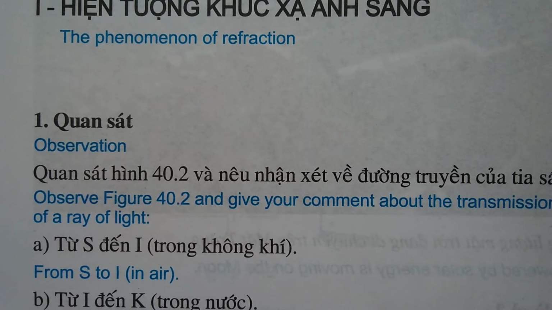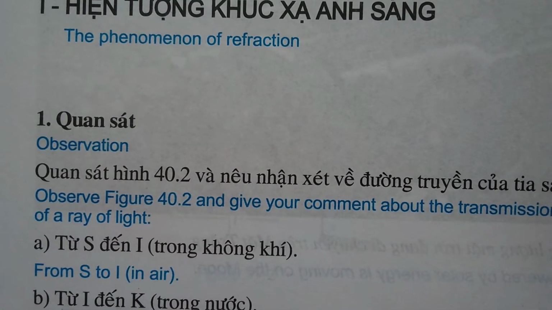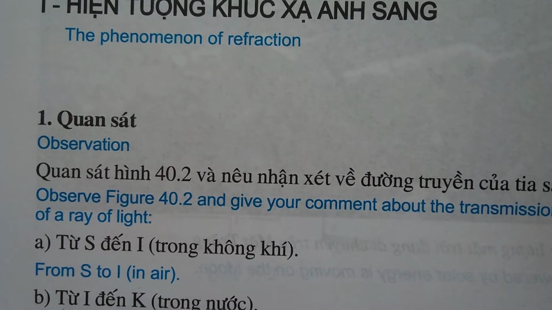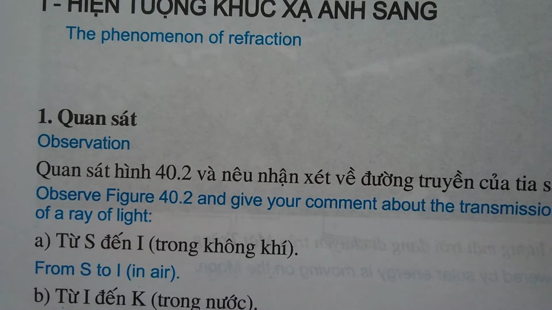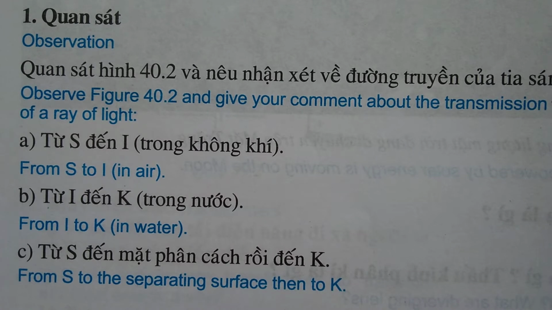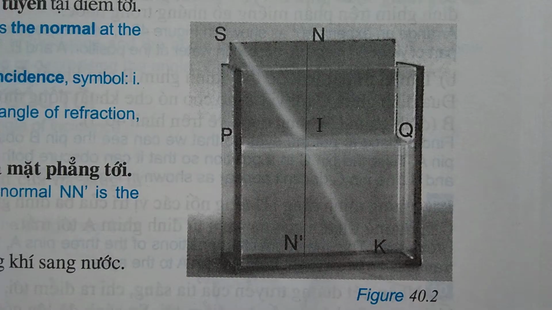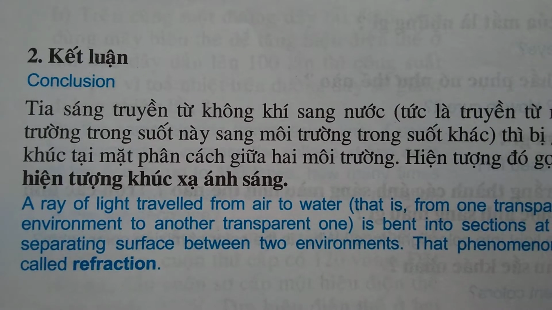Observe figure 40.2 and give your comment about the transmission line of a ray of light from S to I, from I to K, from S to the separating surface, then to K. Conclusion.